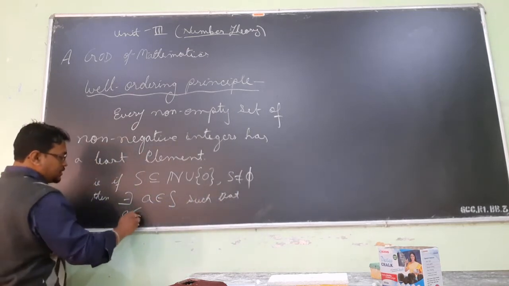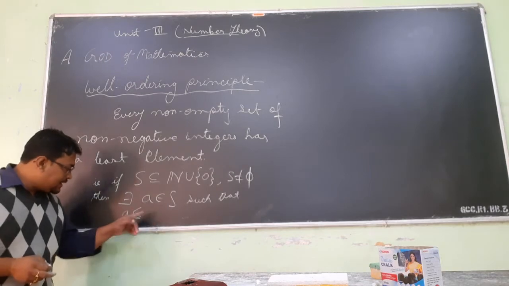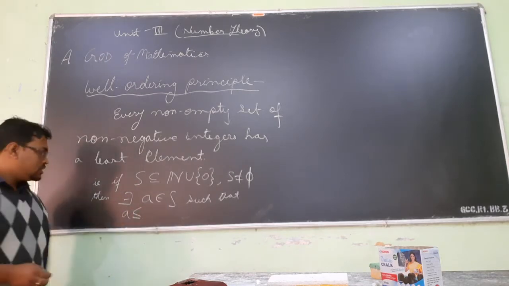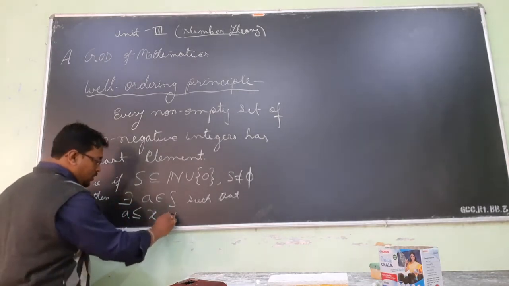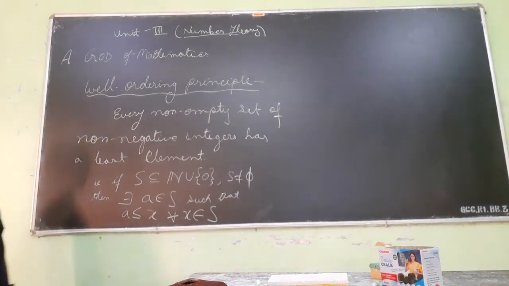Least element means it is smaller than every other element. So A is less than or equal to X for all X inside S. That is the meaning.